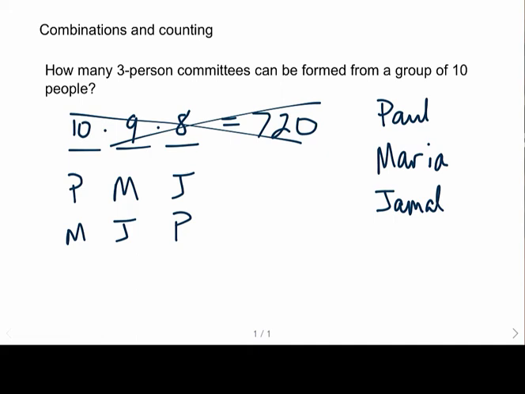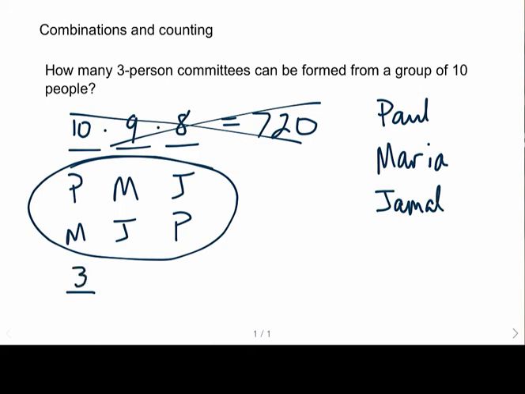So if we just consider these 3 people, then you have 3 choices for the first person that's chosen, 2 choices for the second person, and 1 choice, of course, for the third person. And so for these 3 people, there are actually 6 different ways that they could be chosen.